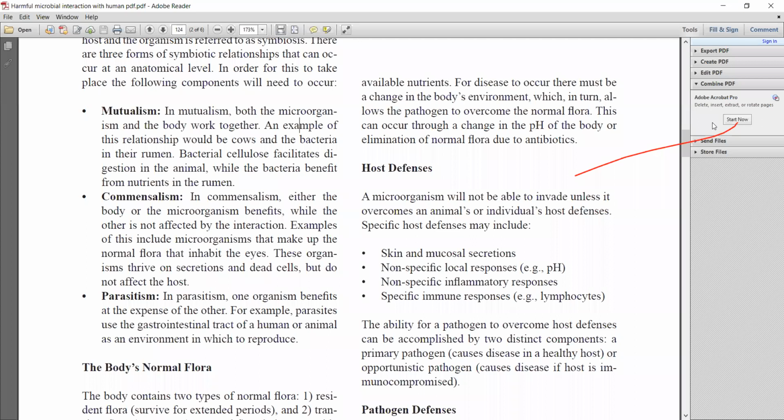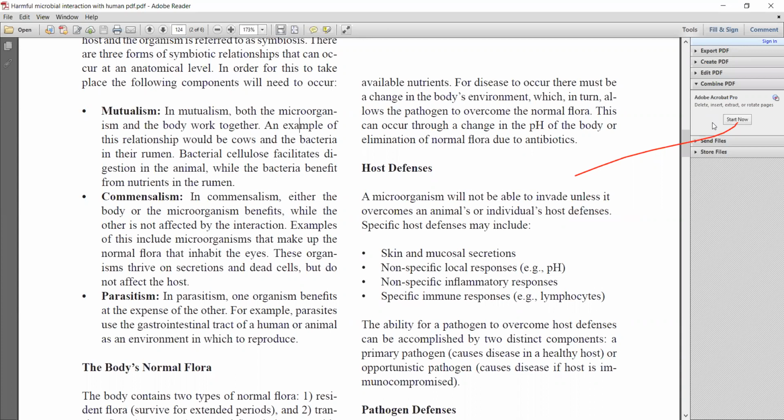So until and unless our host defense becomes weak, a microorganism will not be able to invade us. The host defenses in our body may include skin and mucosal secretion, non-specific local responses, non-specific inflammatory responses, and specific immune responses.